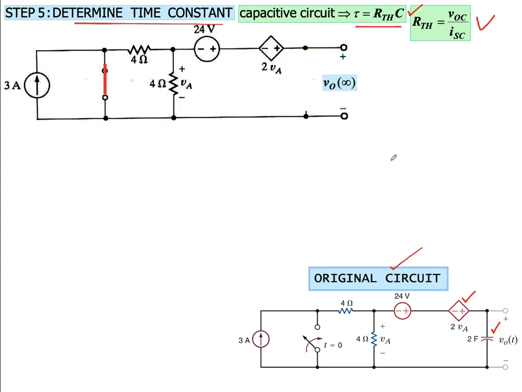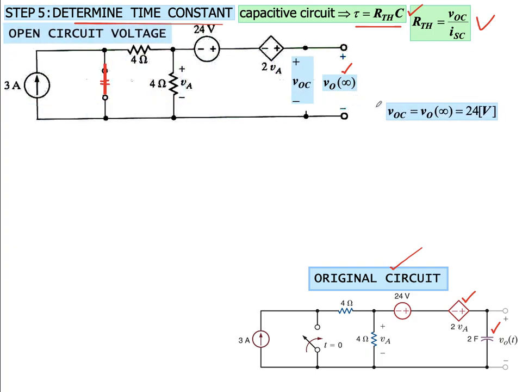So in order to find the V open circuit, at that time the switch will be closed, and V naught infinity will actually be the V open circuit in our case, which is the same as 24 volts. We have already seen it. So for I short circuit, we short these two terminals, and we are going to see how much current is flowing in this direction.